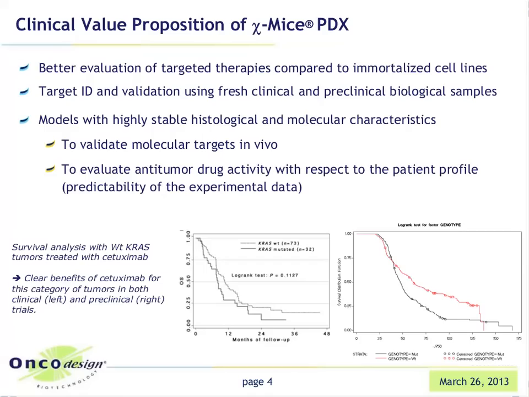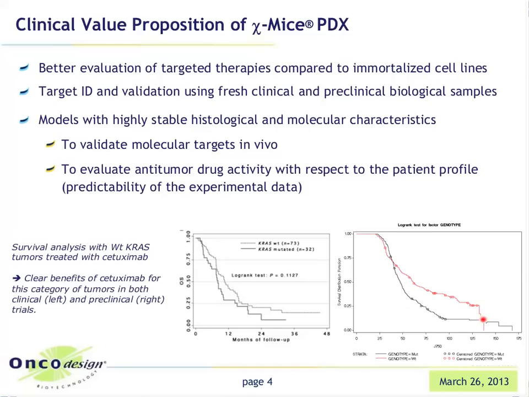And I want to show you here two analyses. The well-known clinical trial of the KRAS mutation versus KRAS wild type in colorectal cancer. It has been shown that the KRAS mutation leads to a worse prognosis for the patient, whereas with the wild type KRAS, cetuximab brings a clear benefit in these patients.